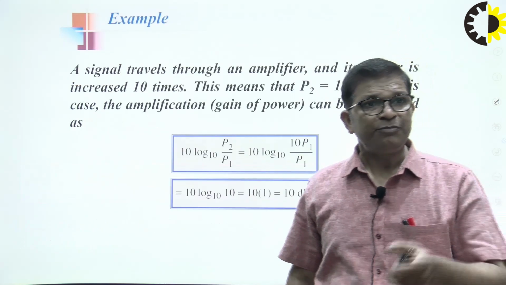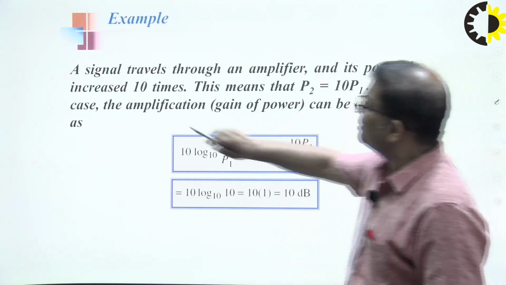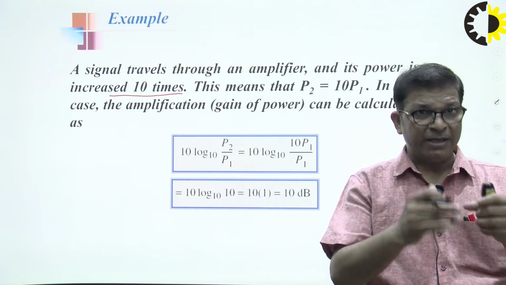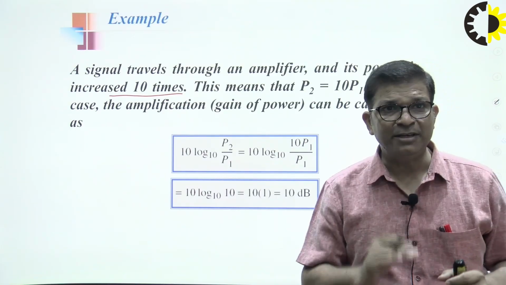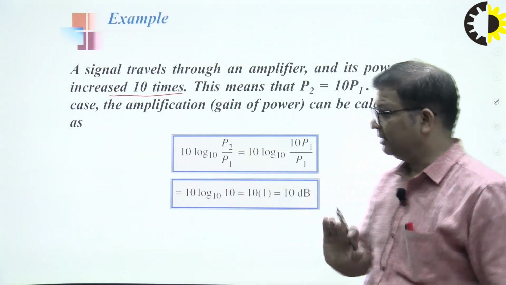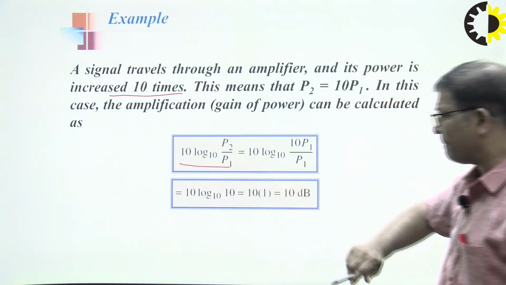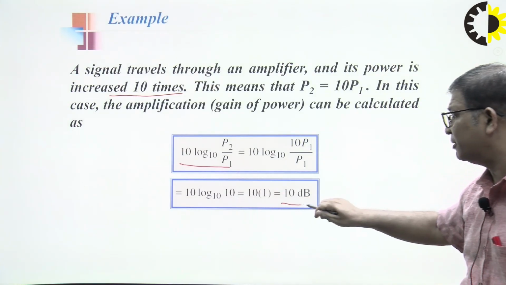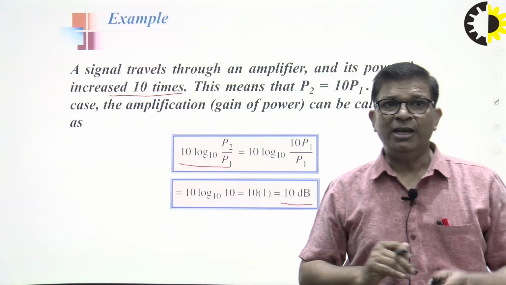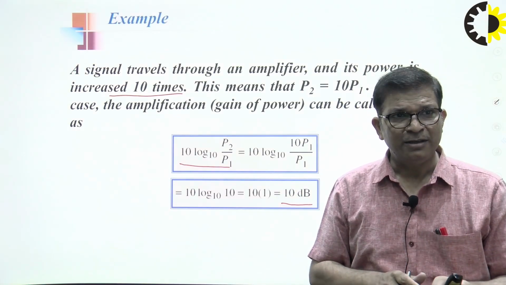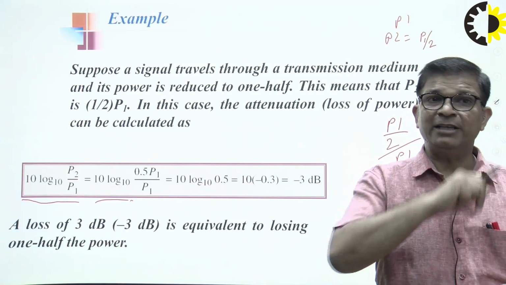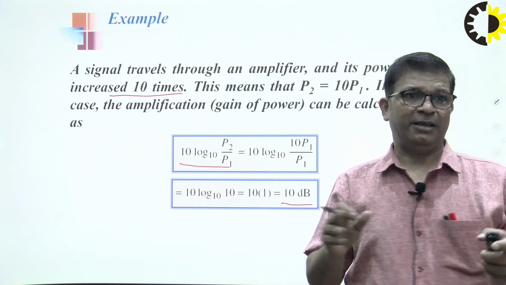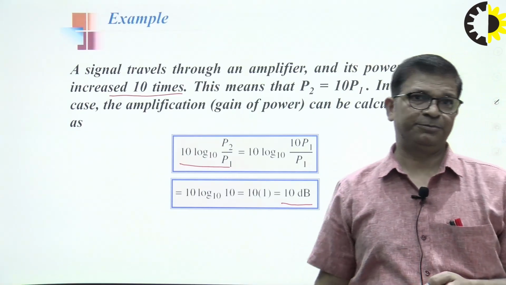Okay. Now, the next case: if the signal power is increased 10 times by using an amplifier, what will happen? Using the same formula, 10 log base 10 of 10 P1 upon P1, it becomes 10 decibel. Think about it. If we lose just 50%, then we lose 3 decibel. But if we increase 10 times, then it's 10 decibel only.